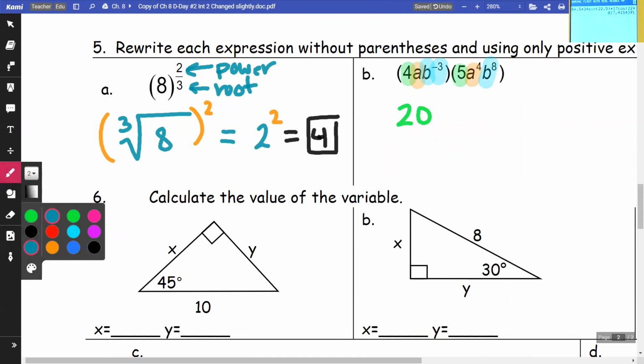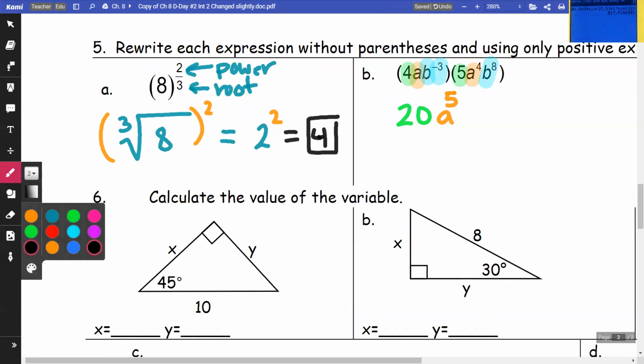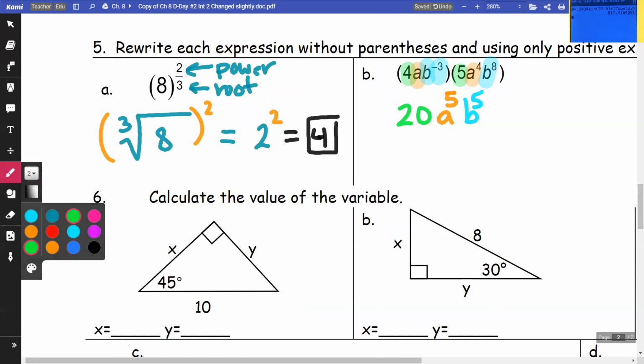When I do A times A to the 4th, I add the exponents, so 1 plus 4 is 5. When I am multiplying my B's together, I'm going to add -3 plus 8, and I get a 5. And that's my answer. So I have 20, A to the 5th, B to the 5th.